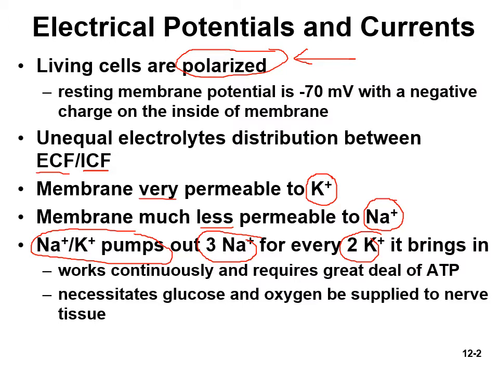So this continuous exchange of sodium and potassium requires a lot of ATP, a lot of chemical energy, but is extremely essential to maintain what we like to call the resting membrane potential and also make it easy for the cell to get excitable when it's properly stimulated.